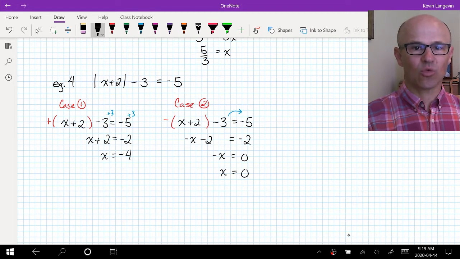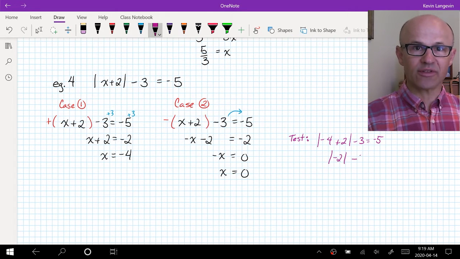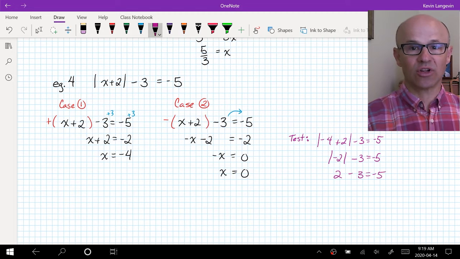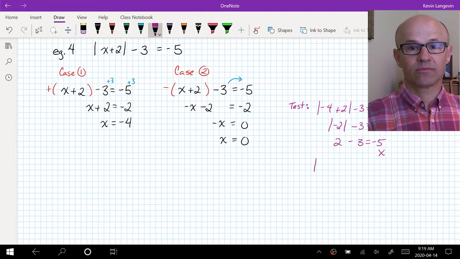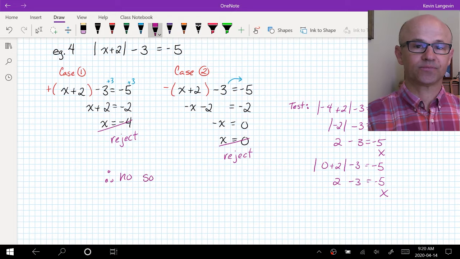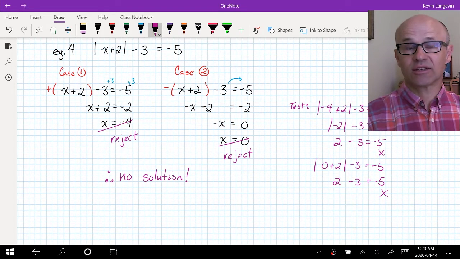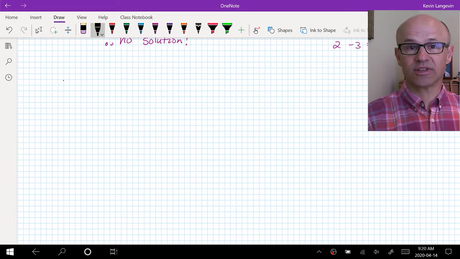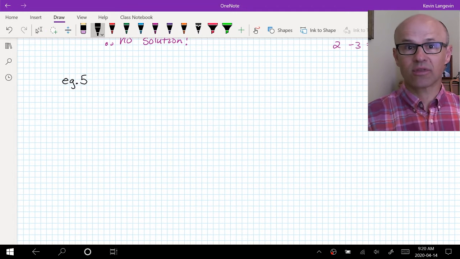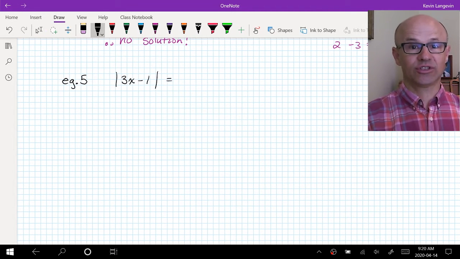Well, here, when I test each solution for the first time, I notice that both of them give me inaccurate results. So I need to reject both solutions. As with other math that we have looked at, there will always be possibilities of rejecting one or both. You need to test your solutions.